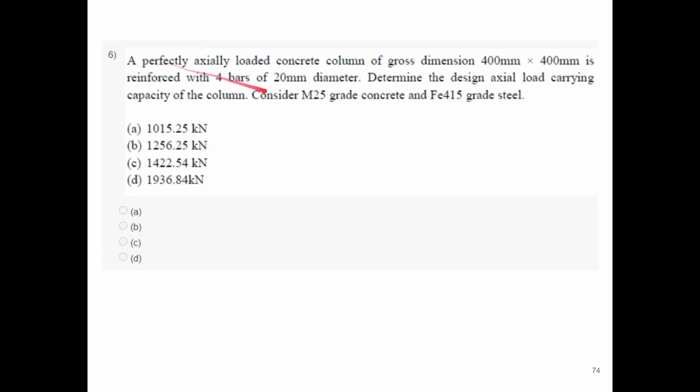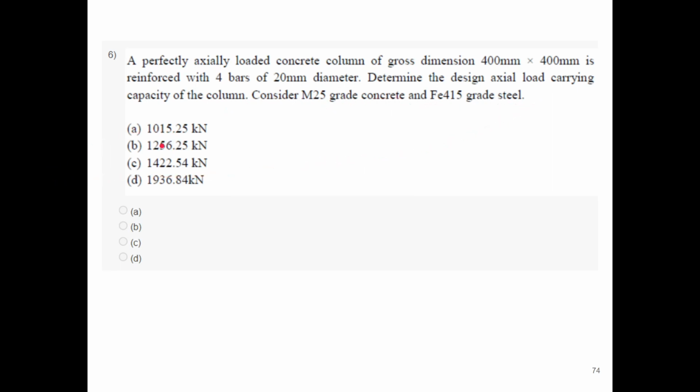Sixth question: a perfectly axially loaded concrete column of gross dimension 400 mm by 400 mm is reinforced with 4 bars of 20 mm diameter. Determine the design axial load carrying capacity of the column. Consider M25 grade concrete and Fe 415 grade steel.